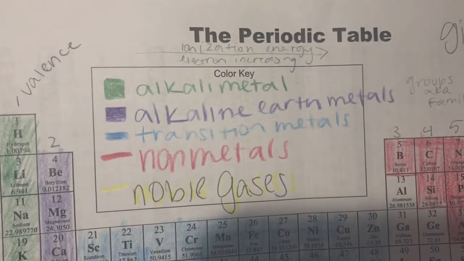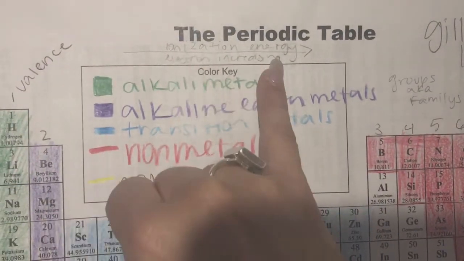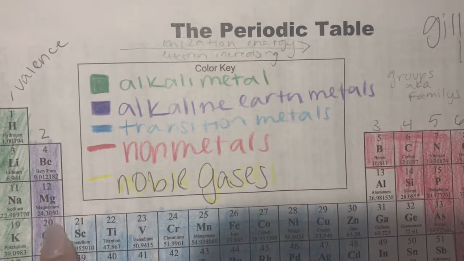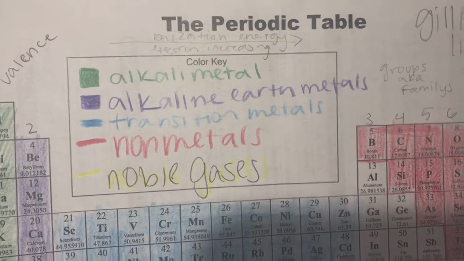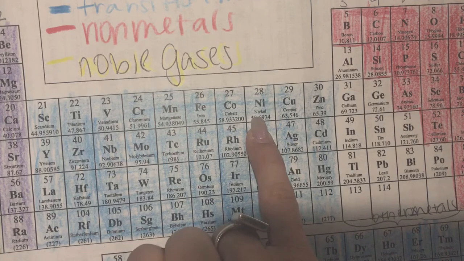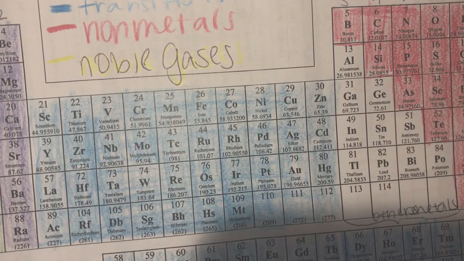You guys have your periodic tables, and they should be labeled. Ionization energy increases as you go to the right. So if the question asks, what has more ionization energy, nickel or zinc, what would you say? Zinc.